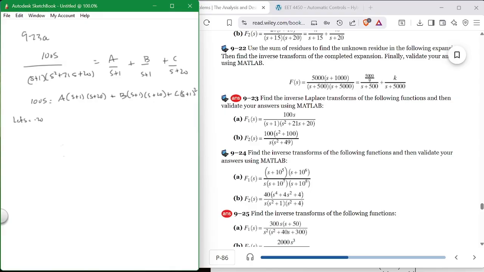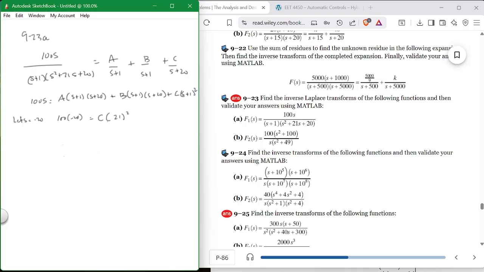Now the other part of this is, how on earth do you find A and B? Well, what you got to do is you have to set up an equation. So that'll get you C. Let's do that. Minus 20, and then this one goes away, and we've got C times 21 quantity squared.